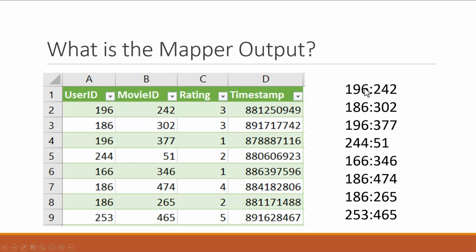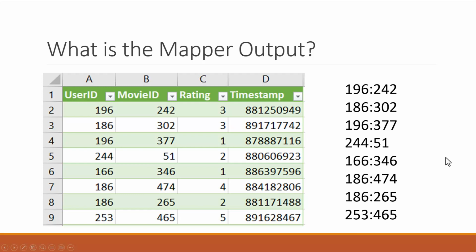Let's say that the way we're going to identify the number of movies that were rated by a particular user is to essentially return the movie IDs that are associated with each user, and then just count up the number of distinct movie IDs that are associated with each individual user. If that's the approach, then this would be the key value pairs. Right?